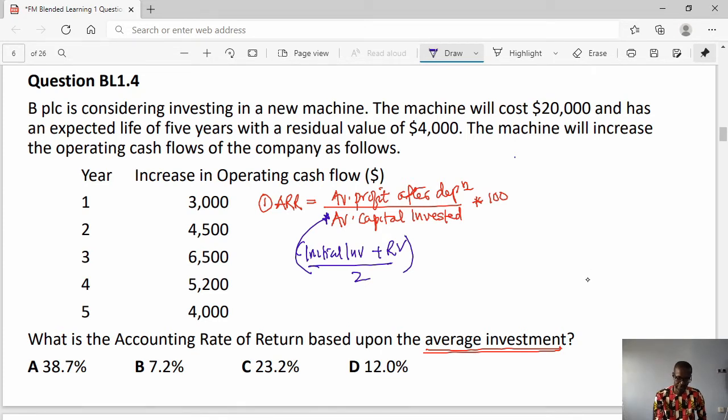The second thing is to know that accounting rate of return uses profit, not cash flows. So where you have cash flow, you must be able to convert it to profit. In the tuition video, I gave you the profit.